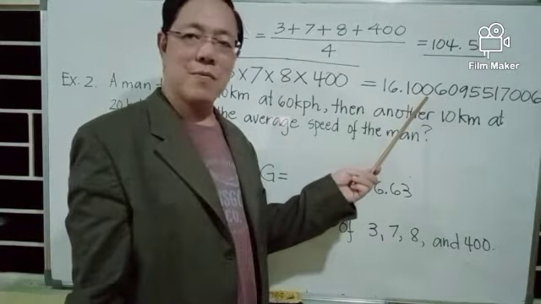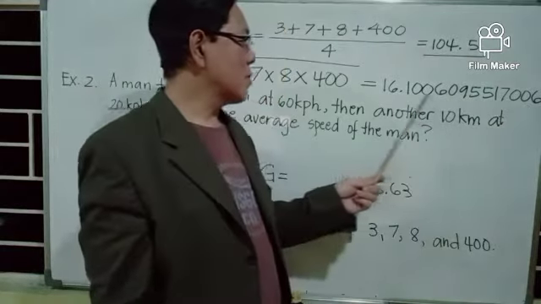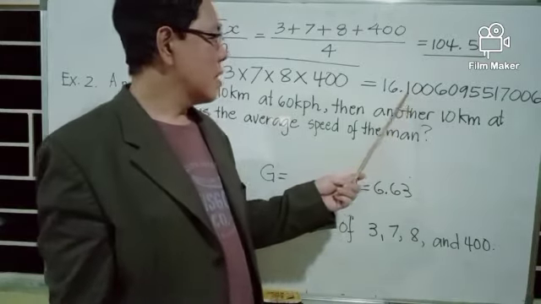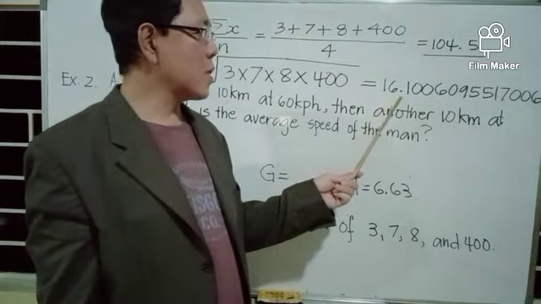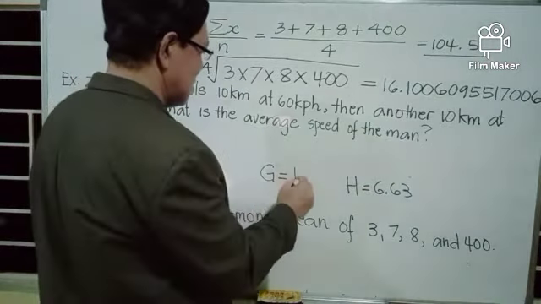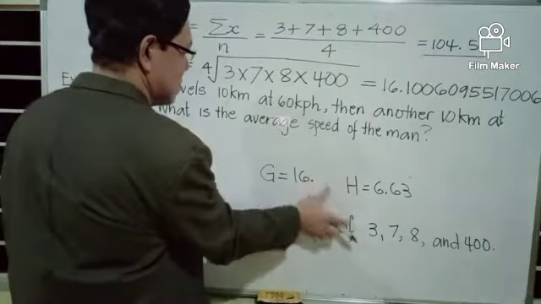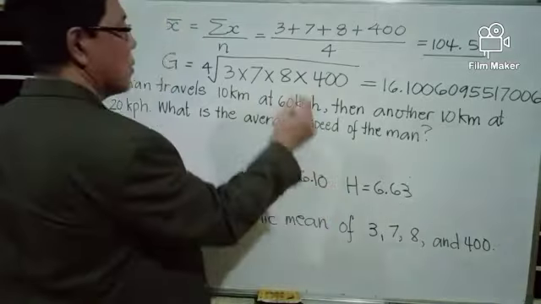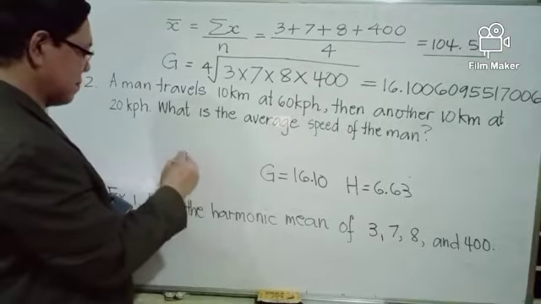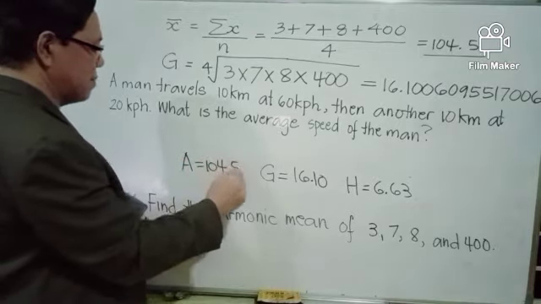Since 0 is less than 5, we simply drop 0 and all the digits to its right, and we do not add 1 to its preceding digit. Hence, the geometric mean is 16.10 to 2 decimal places. And our arithmetic mean is 104.5.